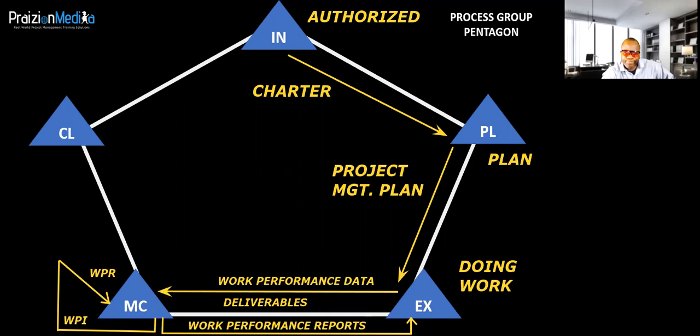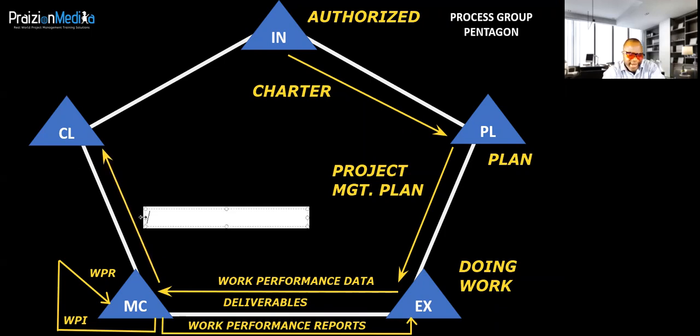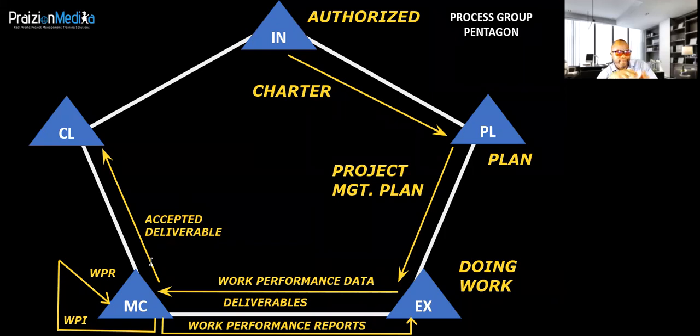All right. So from the monitoring and controlling process group, finally, we get something that we're going to call an accepted deliverable. Now, this is all high level stuff. We could go into a lot more. But the bottom line is in this process group called monitoring and controlling, what we do is we inspect our deliverable.